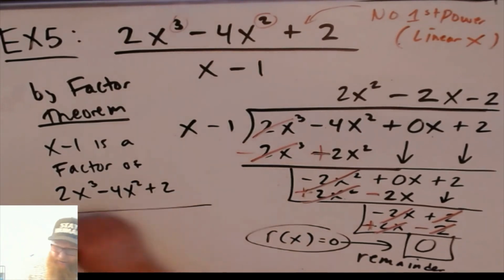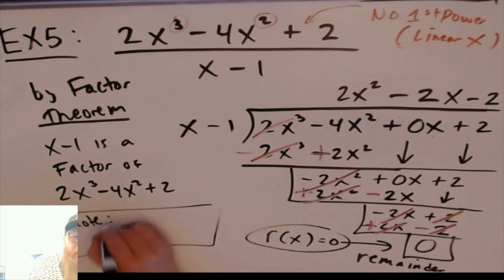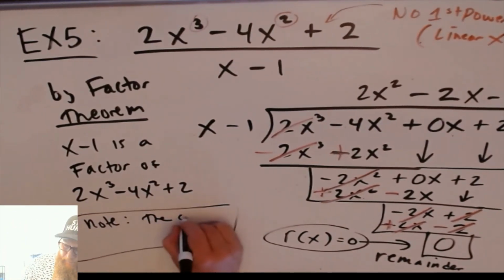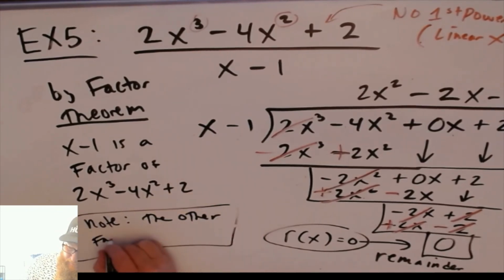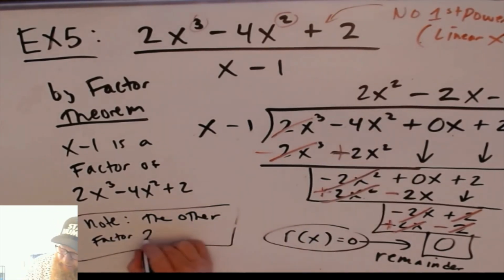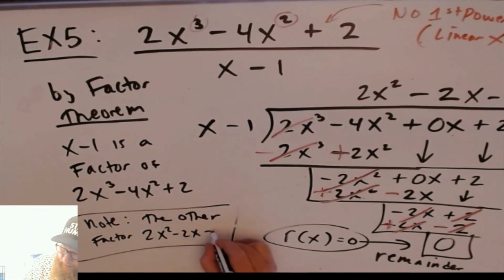By the way, the other factor is 2x squared minus 2x minus 2.